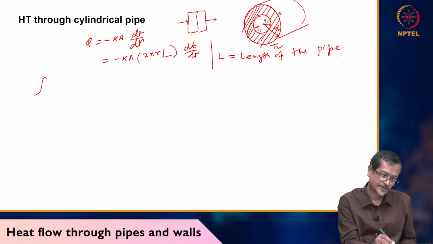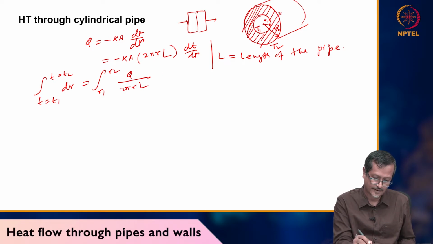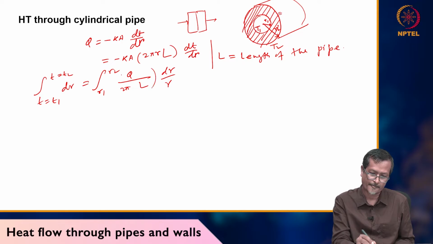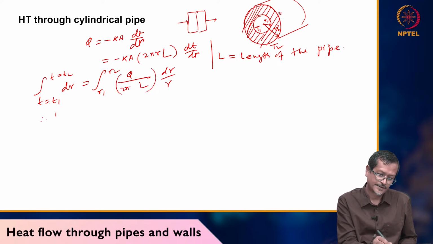So T goes from T1 to T2, and r goes from R1 to R2, with Q by 2 pi k L. The 2 pi r has gone, so dr by r is put here because the rest is a constant term.